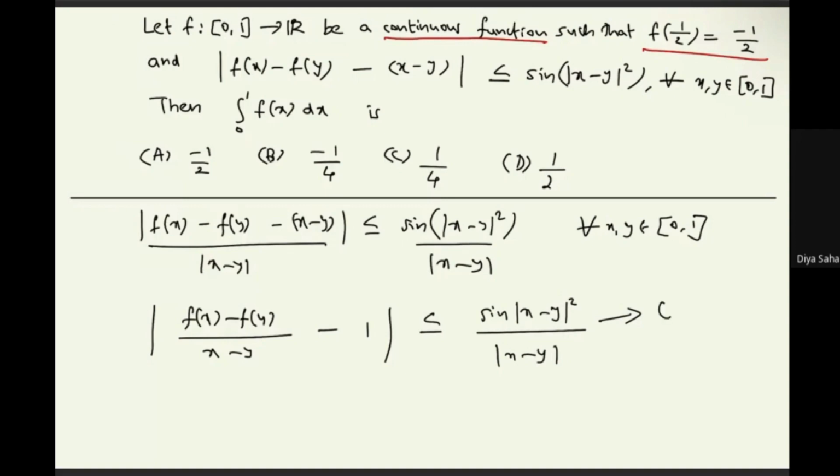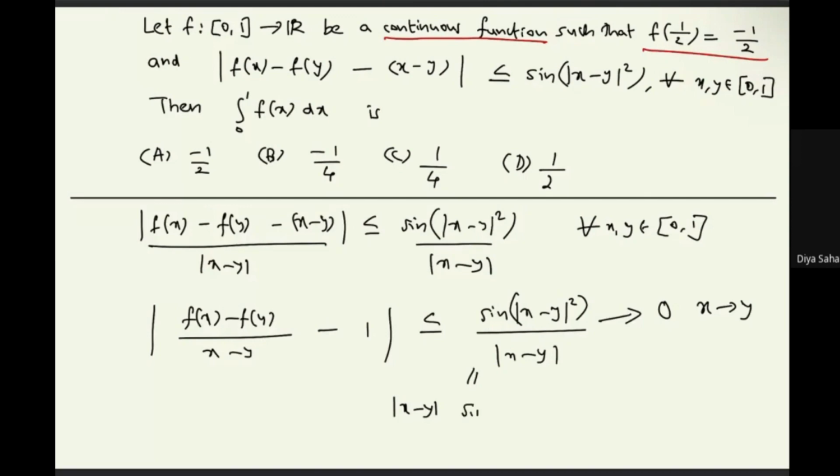So as x tends to y, why does this tend to 0? If we multiply mod of x minus y in the denominator and, then sin of mod x minus y squared by mod x minus y squared tends to 1. Exactly.